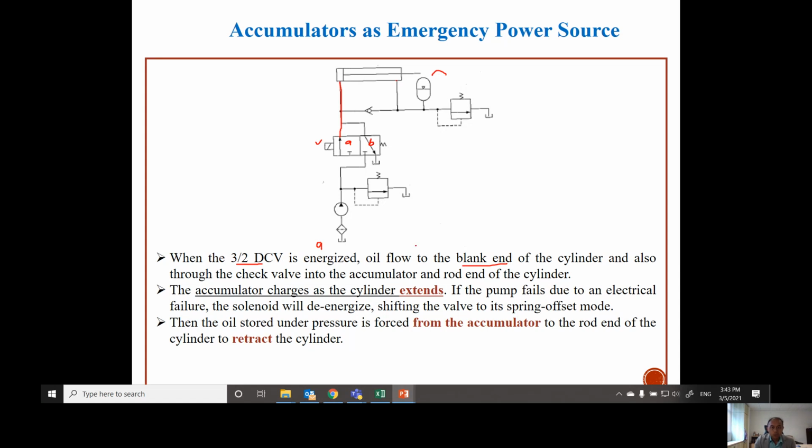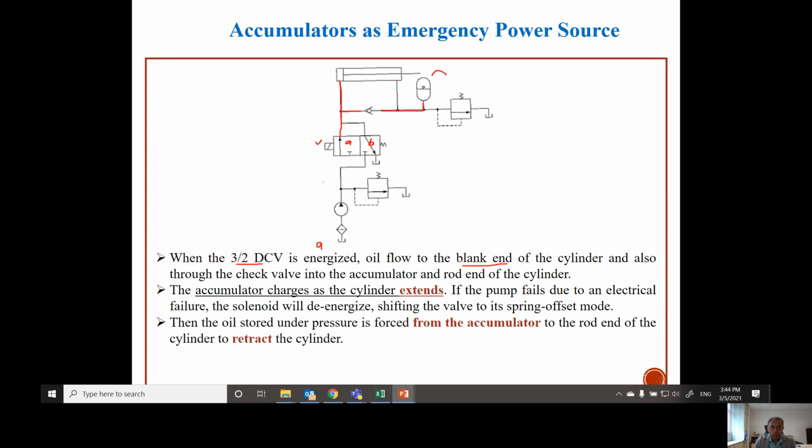Okay, so when the DCV is energized, the oil will flow to the blank end and also through the check valve here into the accumulator. Okay, so two things happen.